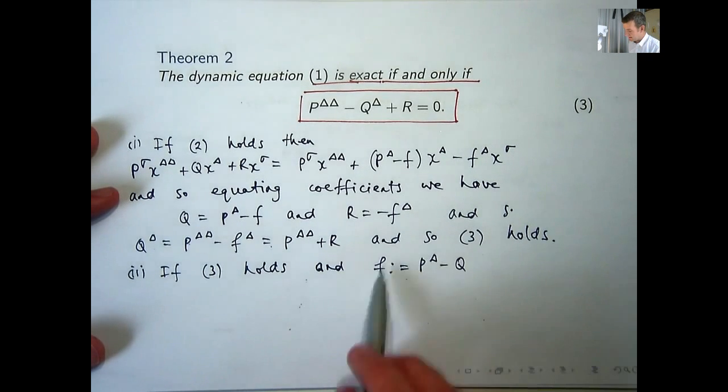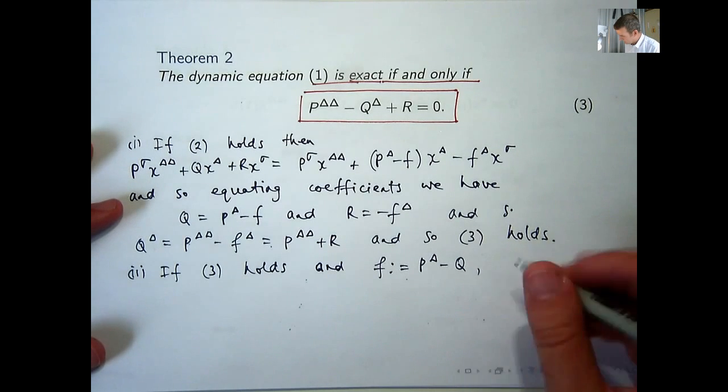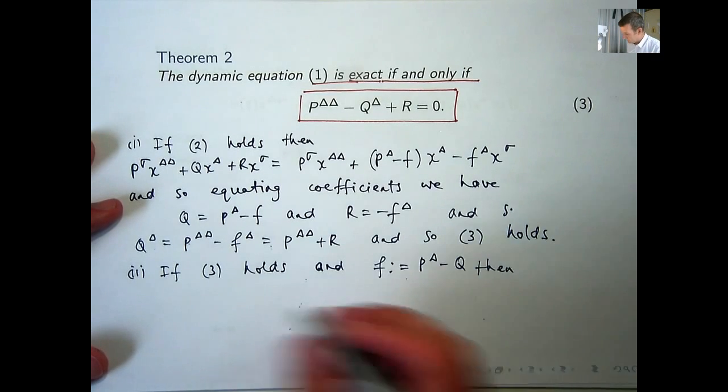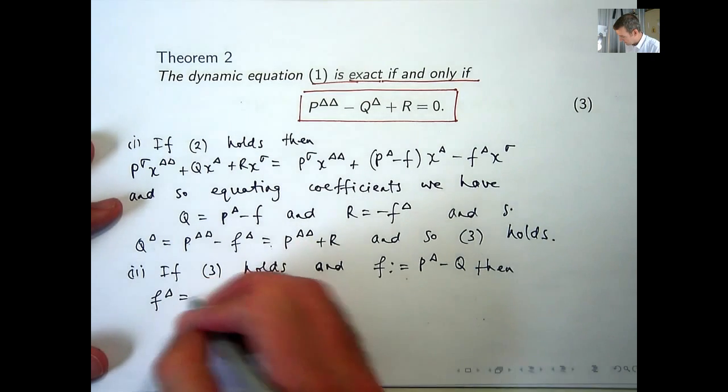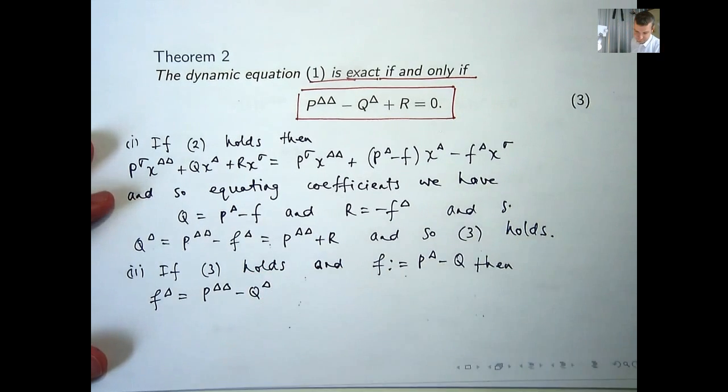So we're choosing f to be that. If I take the delta derivative of this, I'll get the following.